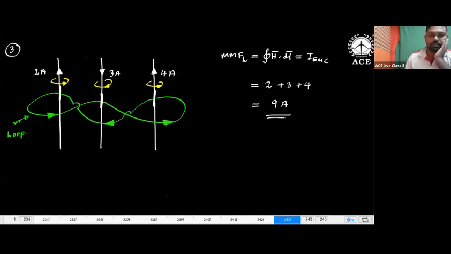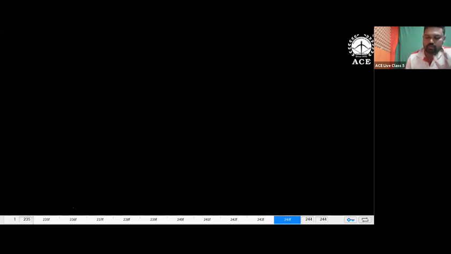Let us take one more question. That was also previously asked. Number 4. There is a current carrying conductor like this, beta. How much current is it carrying? I current. There is one more current carrying conductor, I amperes.